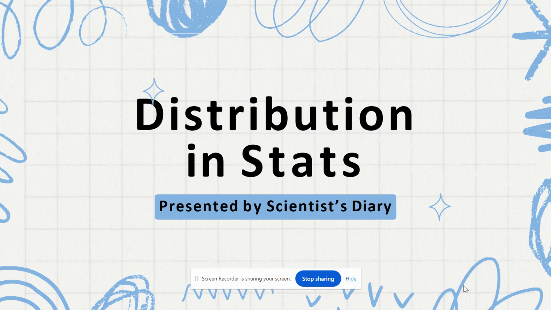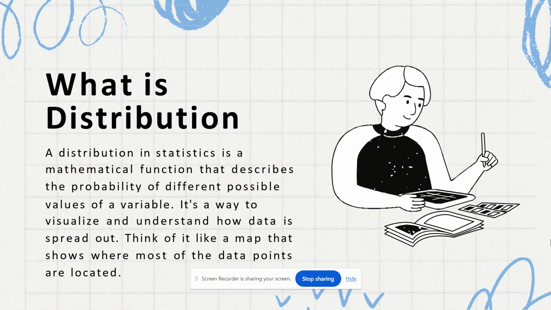So let's try to learn what distributions are in statistics. Let's go. Well, what is a distribution? A distribution is a mathematical function which is used to represent the occurrence of the elements, and also the probability of these elements. For example, I have a column called age, which contains different types of values.